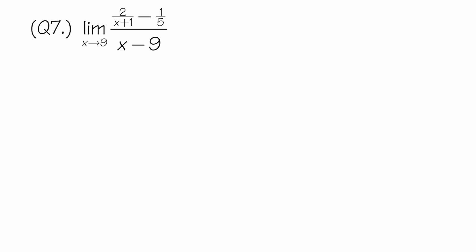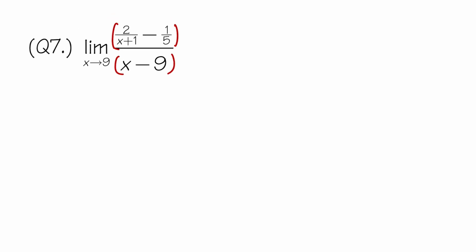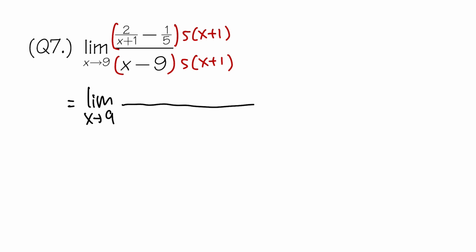So the way that we simplify this is we multiply the top and bottom by the common denominator, which has the 5 here and then the x plus 1 here. So I will multiply by 5 times x plus 1, and we also do the same on the bottom. This right here is the limit as x approaches 9. Don't multiply out the bottom, just keep it as it is.